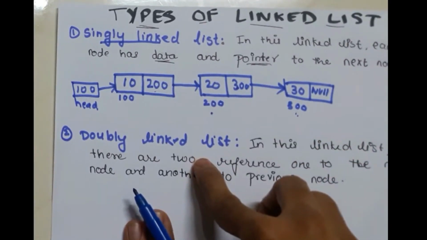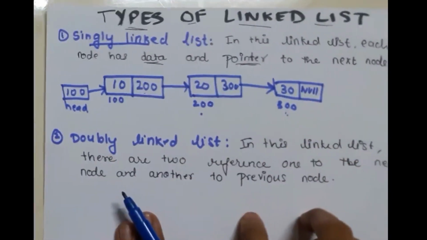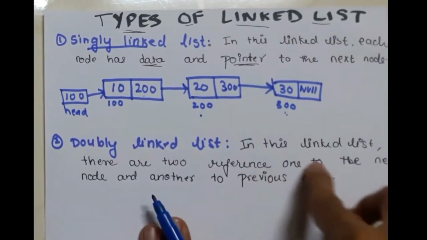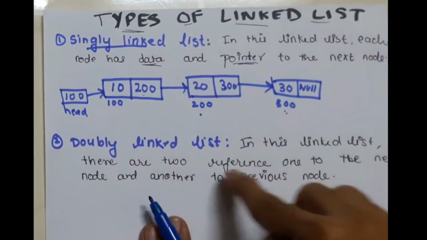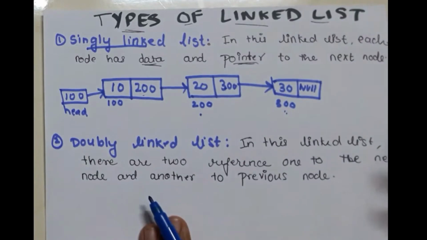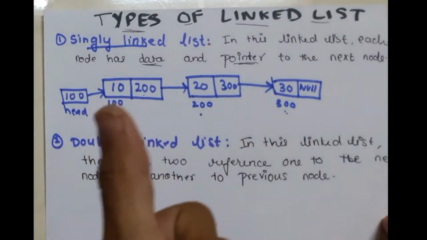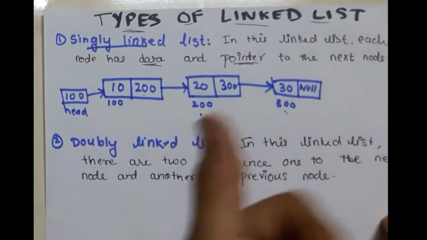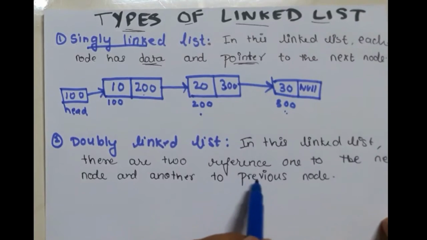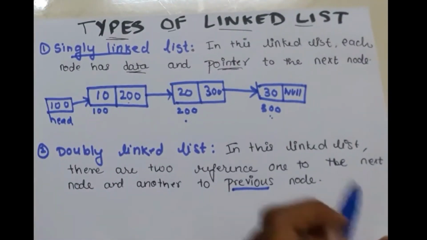Now the next one is the doubly linked list. So in this linked list there are two references, one to the next node and another to the previous node. So there are two references, means two pointer fields are there. One points to the next node and another points to the previous node. Okay.